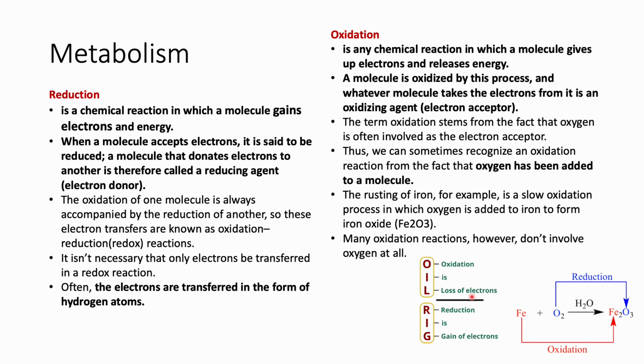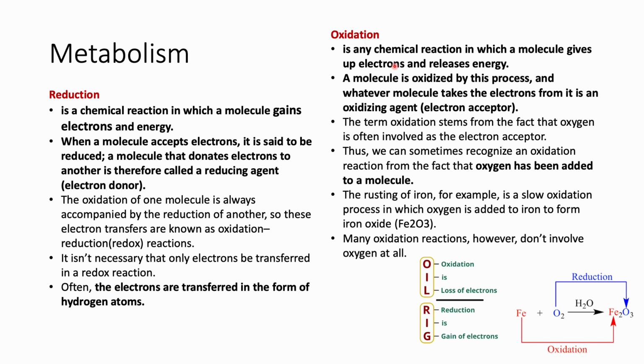So reduction is gain of electrons. A molecule that donates electrons to another is therefore called a reducing agent. All right, an electron donor. And often in reactions, the electrons that are transferred are in the form of hydrogen ions.